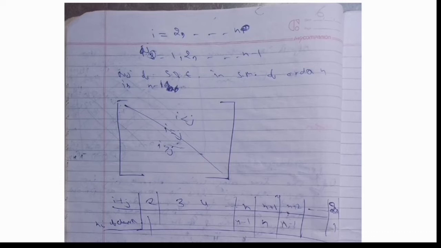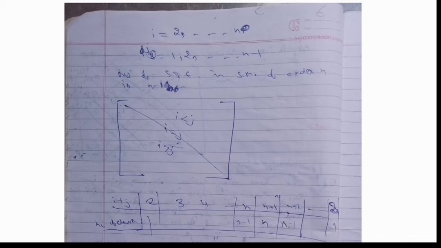I have given you a matrix by stating the principal diagonal line. You can see on the principal diagonal line i is equal to j, but on the upper side of the principal diagonal line i is less than j, and on the lower side of the principal diagonal line i is greater than j.